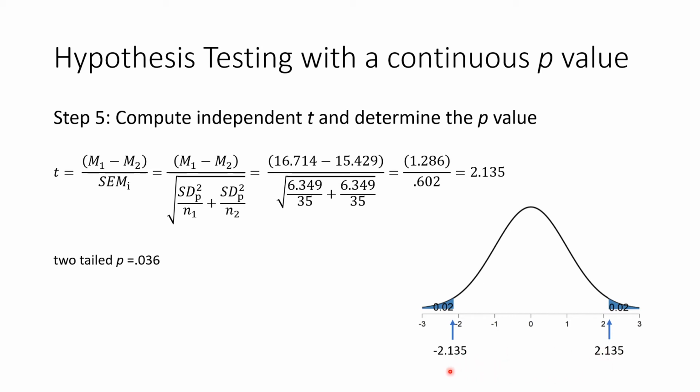Here's the obtained t, and then its reciprocal on the other end. Basically, this is about 2% of the curve, and this is about 2% of the curve, and when we add these two together, we get this. There's some rounding error down here. So the two-tailed p-value is about 3–4% of the curve.